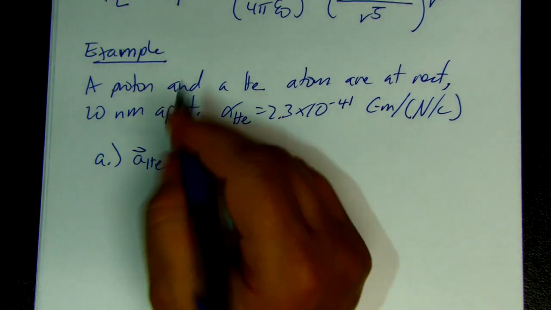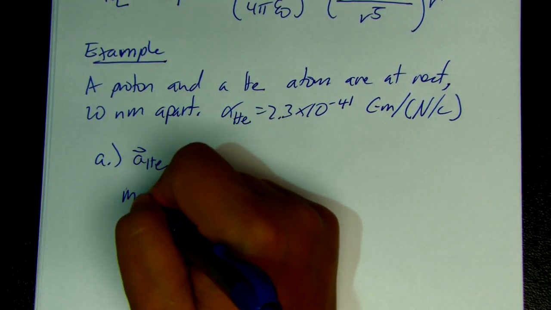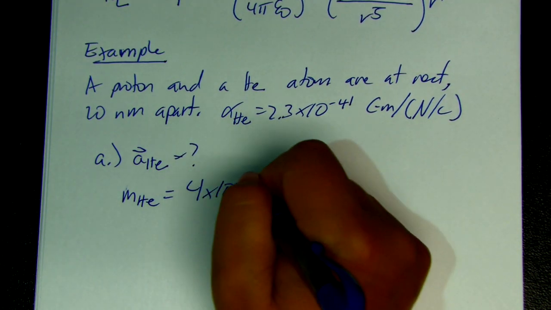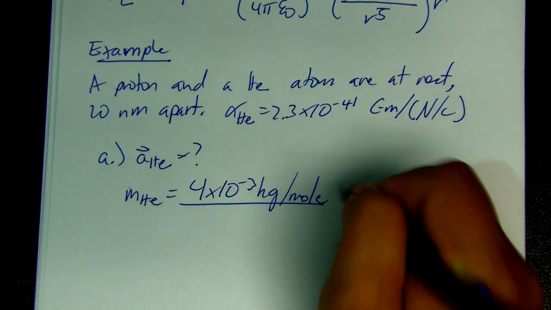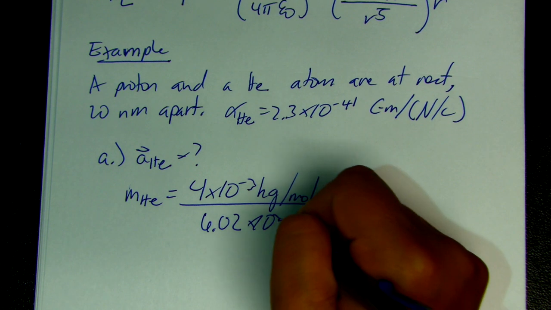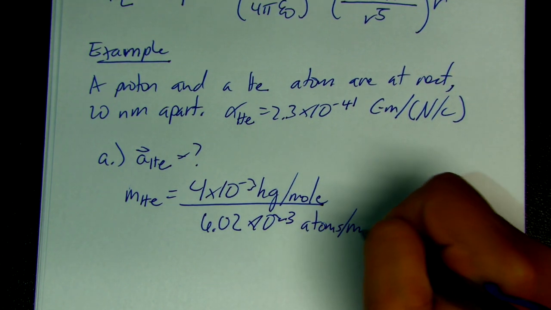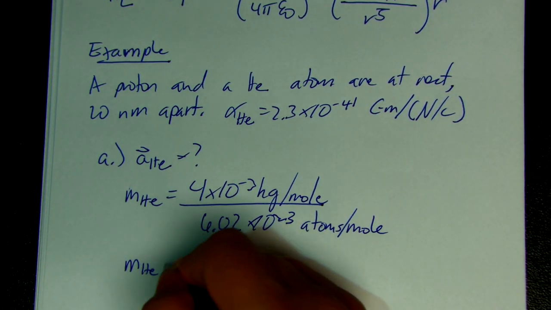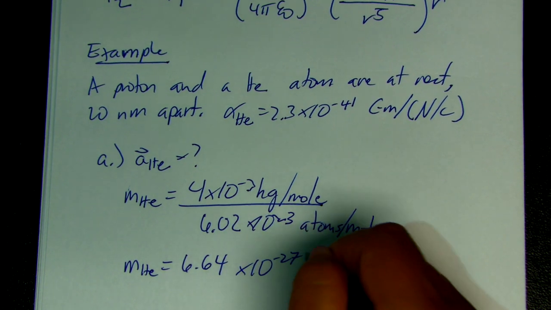All right, so the mass of the helium atom, we know that the molar mass is 4 times 10 to the minus 3 kilograms per mole, and there's 6.02 times 10 to the 23 atoms per mole, and so the mass of the helium atom is equal to 6.64 times 10 to the minus 27 kilograms.